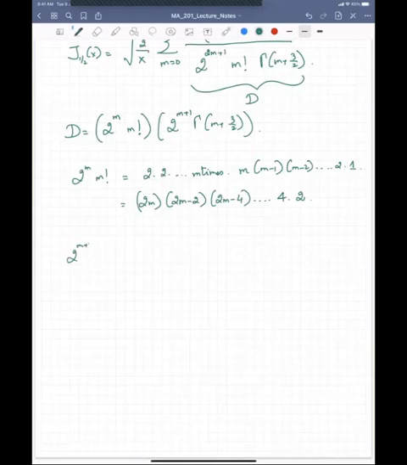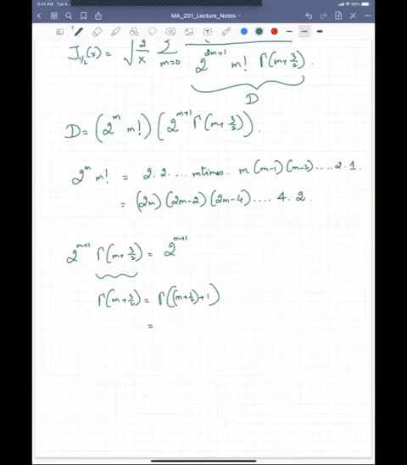2 to the m plus 1 gamma of m plus 3/2 can be written as 2 to the m plus 1. Remember that gamma nu plus 1 is nu gamma nu, right? So I can write this as, remember that gamma of m plus 3/2 is basically gamma of m plus 1/2 plus 1.